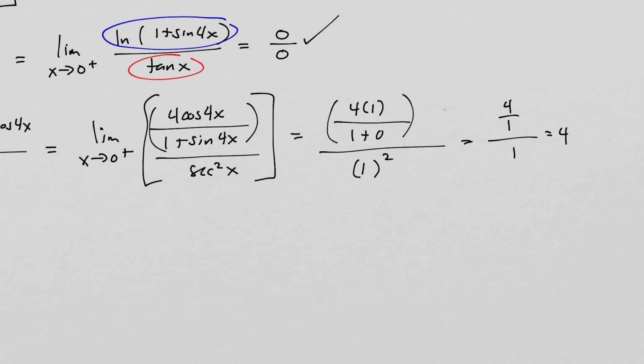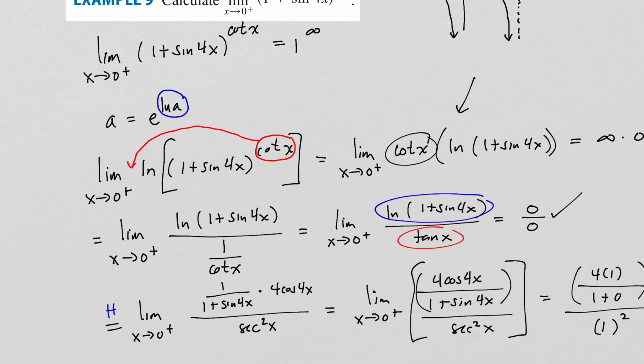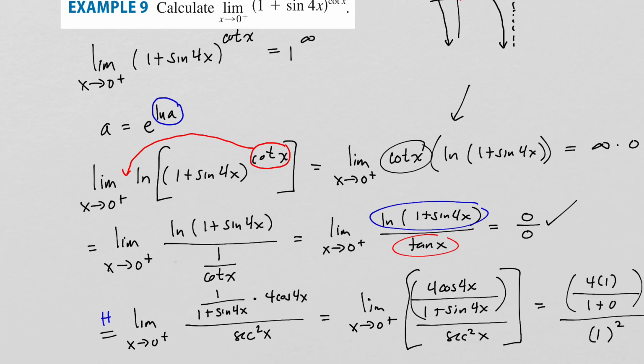Now, this is the tricky part. 4 is not our answer, right? Because what I did is I took our original limit here, and I took the natural log of it. So the limit of the natural log is 4. But to get our original number back, we have to do e to the natural log.